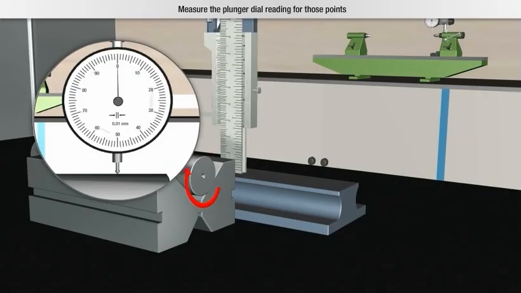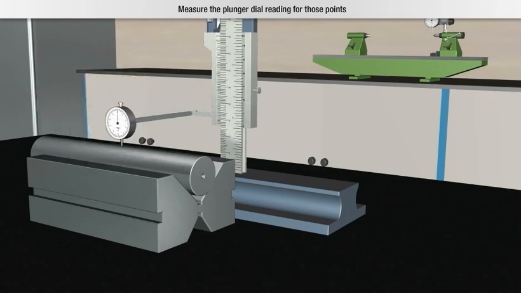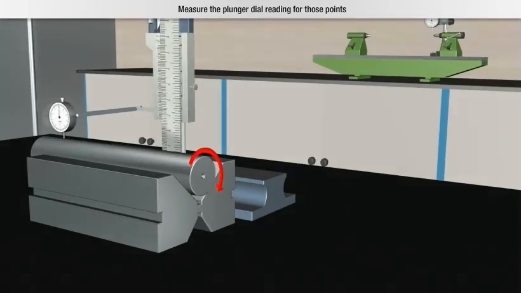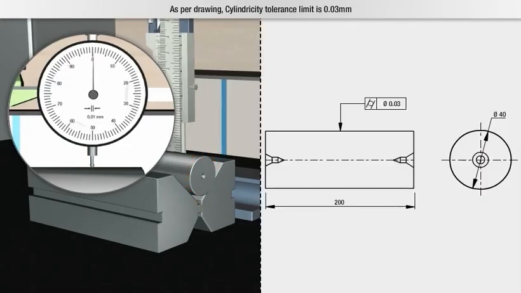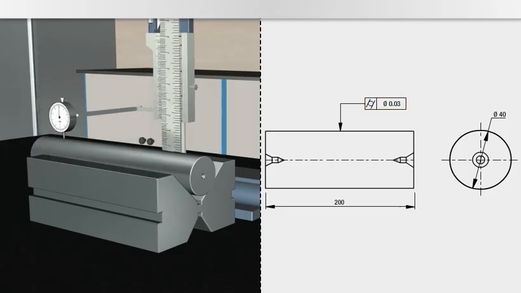Also, measure the plunger dial reading for those points. As per drawing, cylindricity tolerance limit is 0.03 mm. Therefore, you can conclude that cylindricity is within tolerance limit.